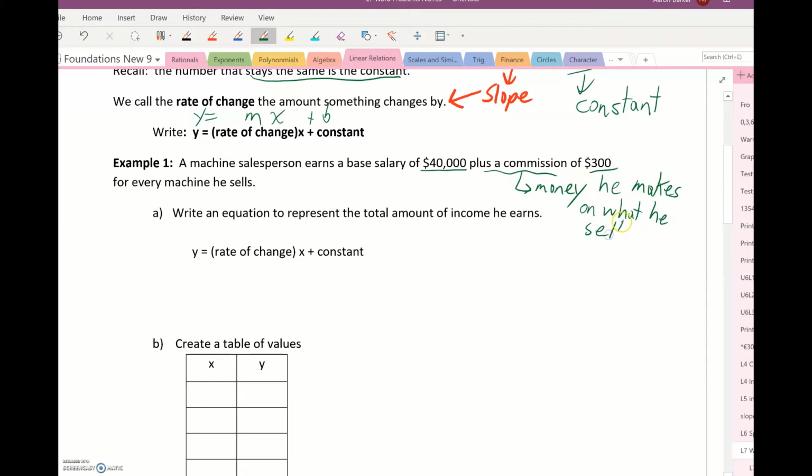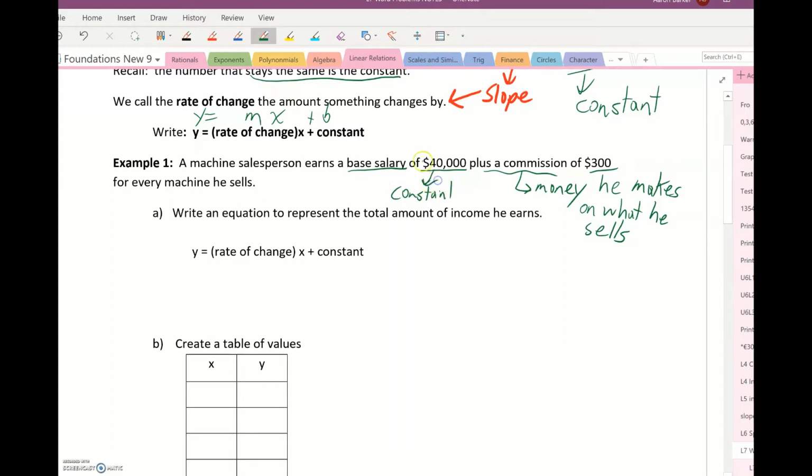So stuff like salespeople, they're usually making some kind of commission. This is a base salary. So if he sells 1,000 machines, he gets $40,000 plus his commission. If he sells 0 machines, he gets $40,000 plus commission. That does not change. This value then is constant.